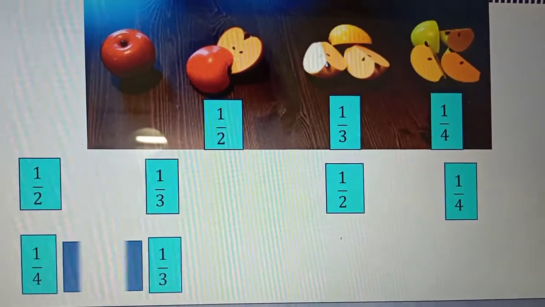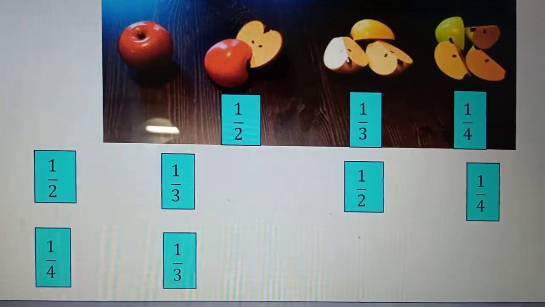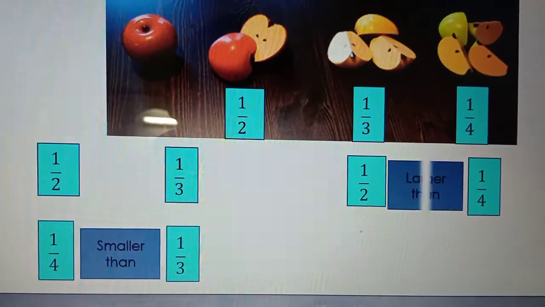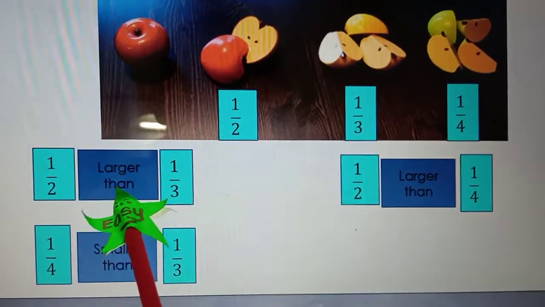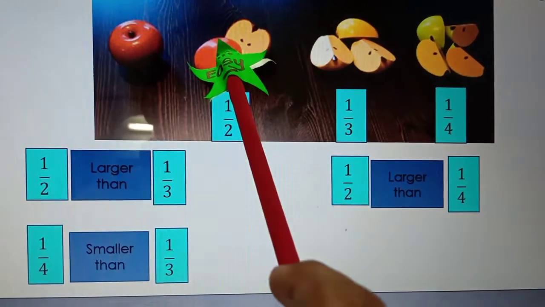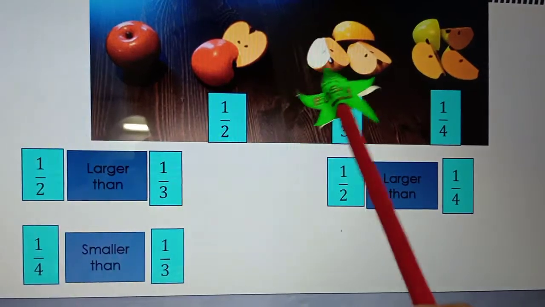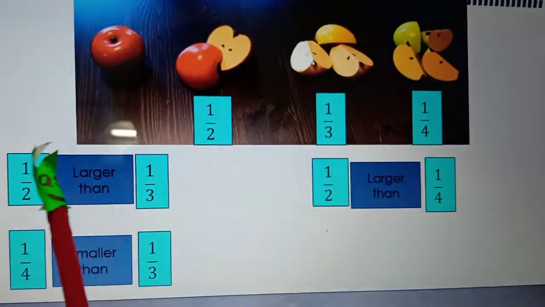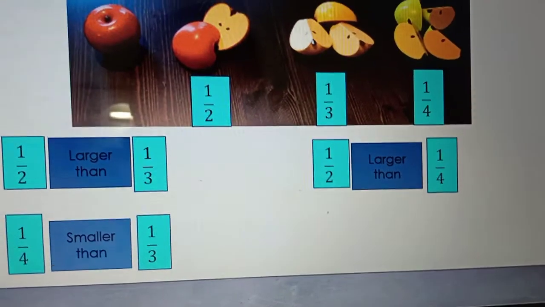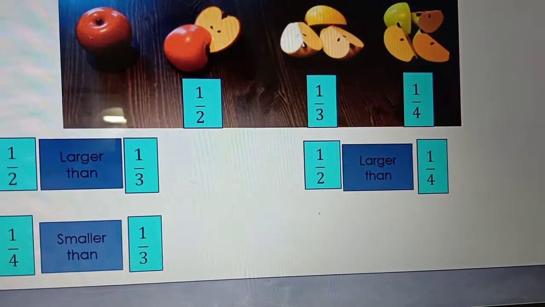Of course it is larger than 1/3. Can you see the apple? Half. This one Amma only cut once. This one Amma cut 3 times. So one piece will become smaller.